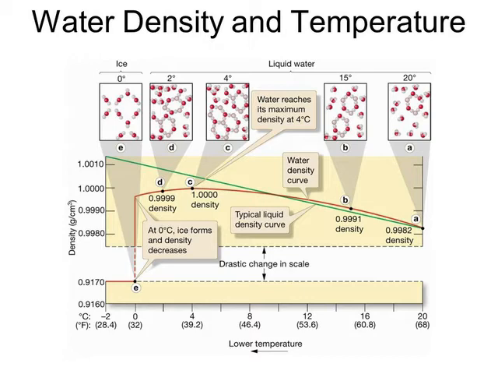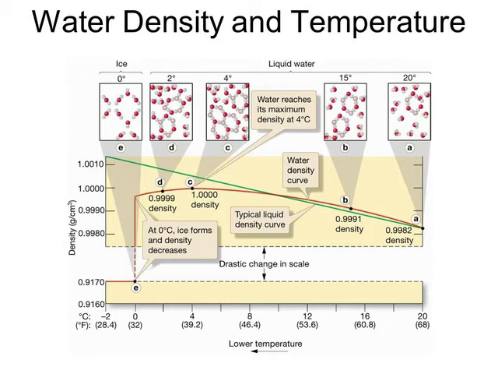Then as the temperature cools down and you go from gas to liquid, and that liquid cools down even further, at the point at which it gets to 4 degrees C, that's when it becomes the most dense, because the molecules are coming together and starting to form crystalline shapes, but they haven't completely formed yet.